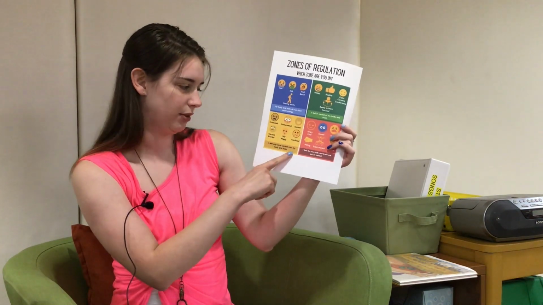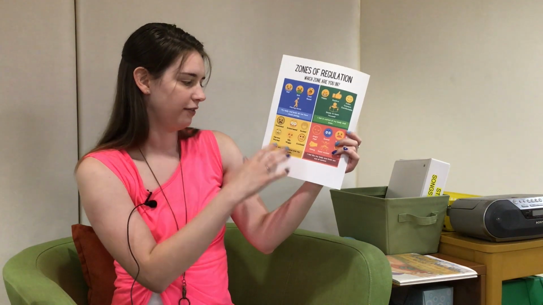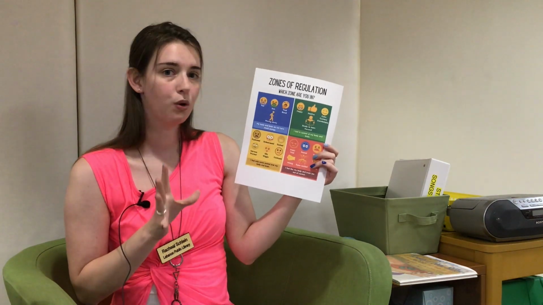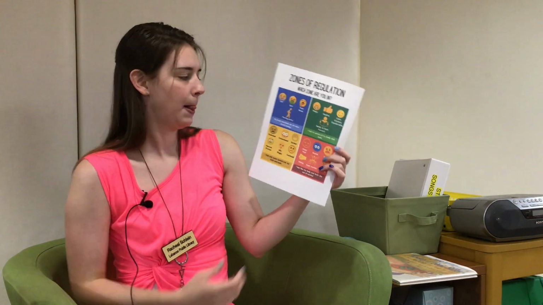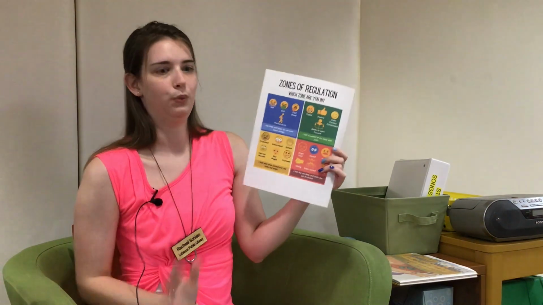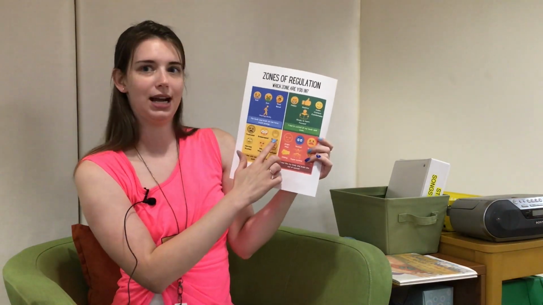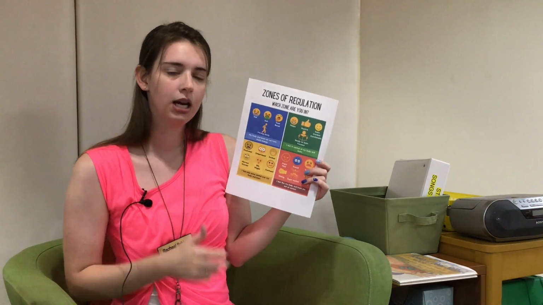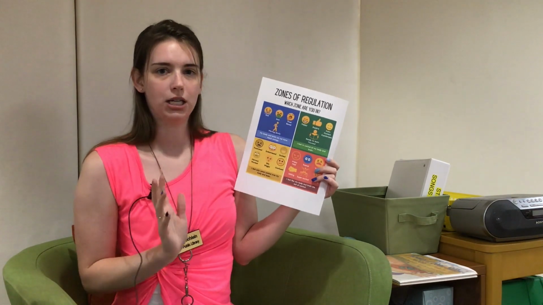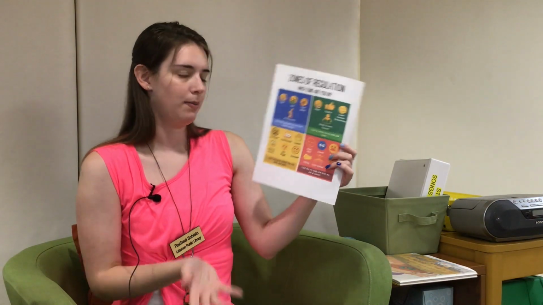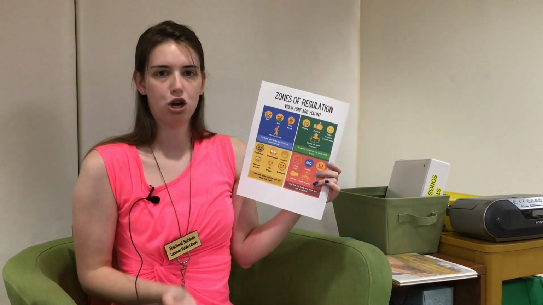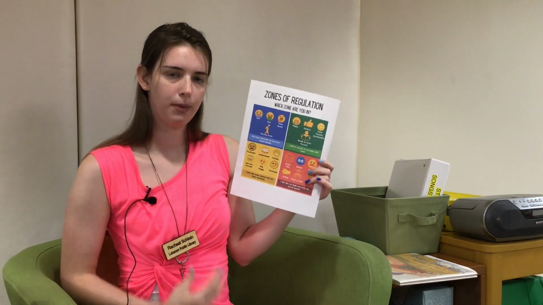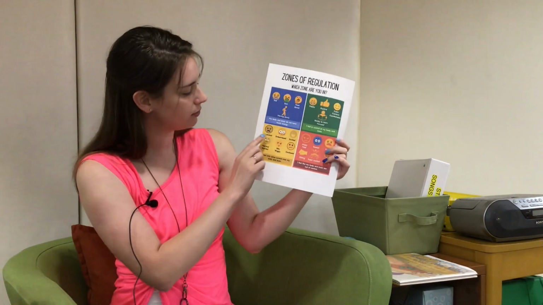If you're in the yellow zone, this means you might feel like you only have a little bit of control over your brain and your body. So maybe your body feels really wiggly because you're super excited about something. And it's not bad to be excited about anything, that's always good. It's just that when we feel like our body is too wiggly, we might need to do some deep breathing or another strategy to calm back down and get to that green zone.